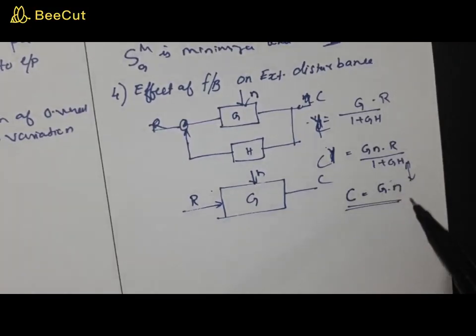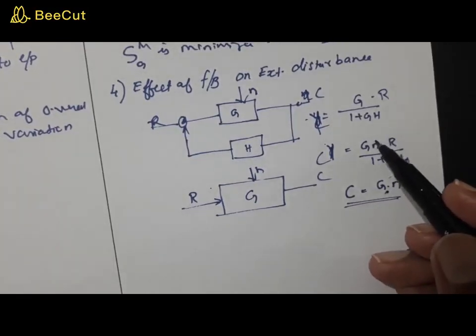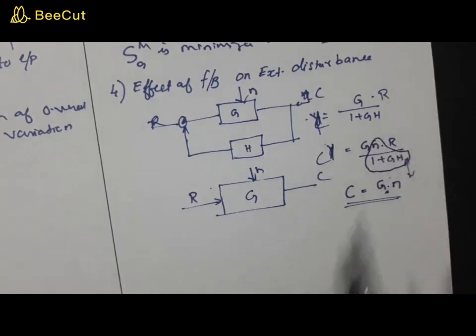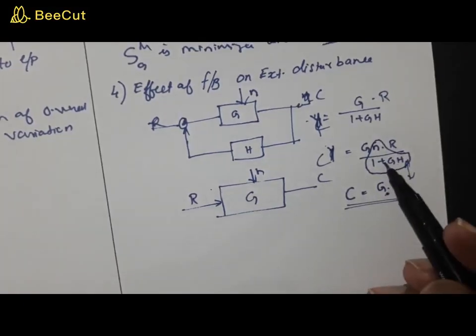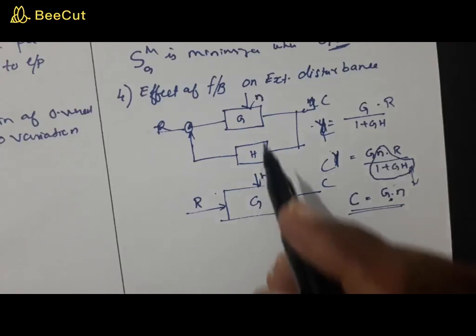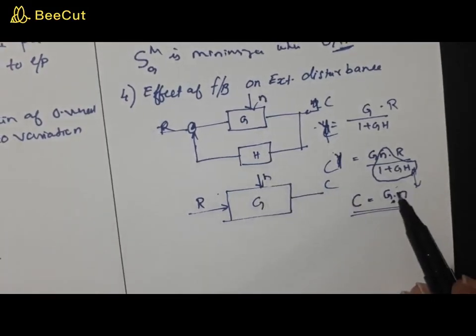The whole of N comes at the output, right? Now what about this? N by 1 plus GH will only come at the output. That means, will it be reduced or increased? It will be reduced, right? N divided by something. So effectively the effect of the noise or external disturbance gets reduced due to the feedback, while without feedback the whole of the noise will come at the output.